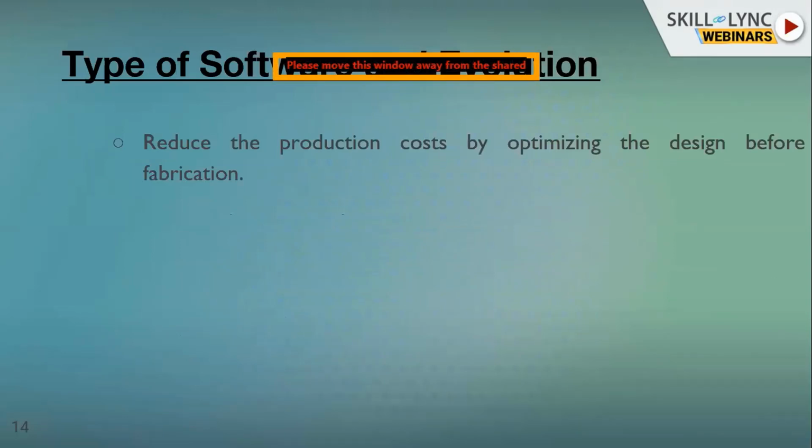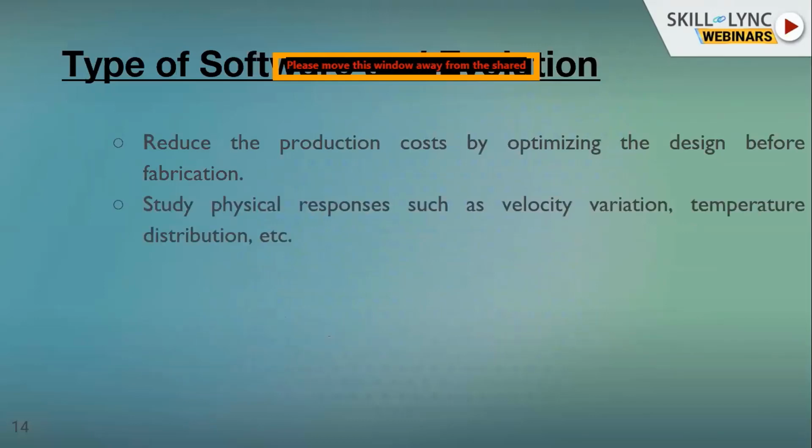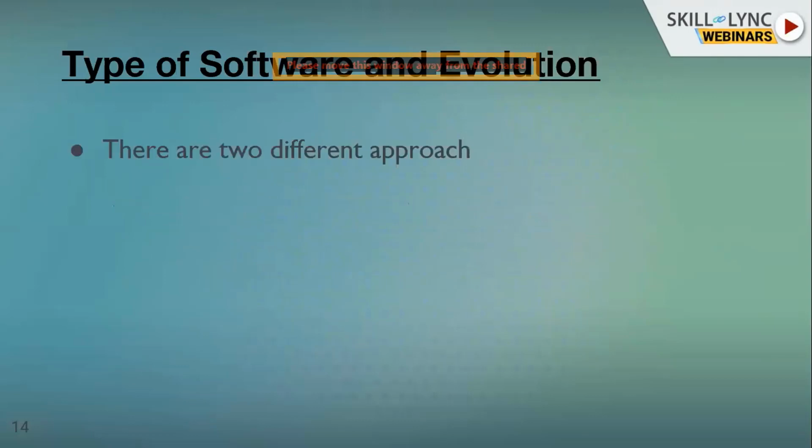You can also optimize a design before fabrication to reduce the fabrication cost. And the last is you can study physical responses such as velocity variation, temperature distribution, etc. This type of CAE analysis has two different approaches.